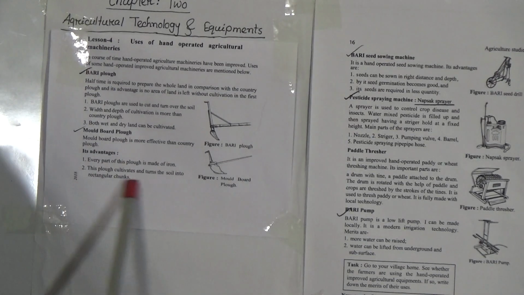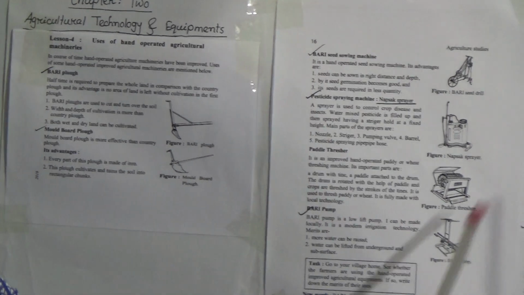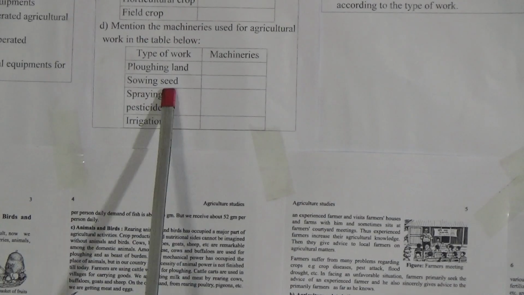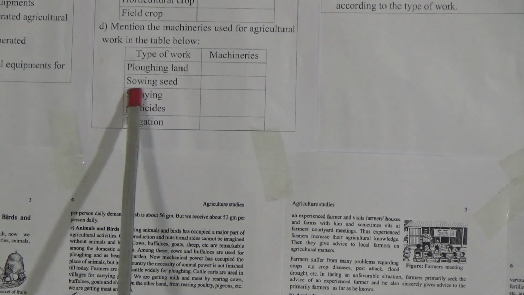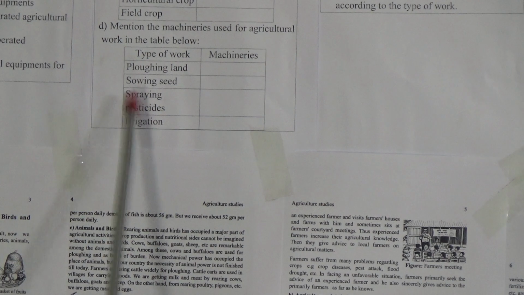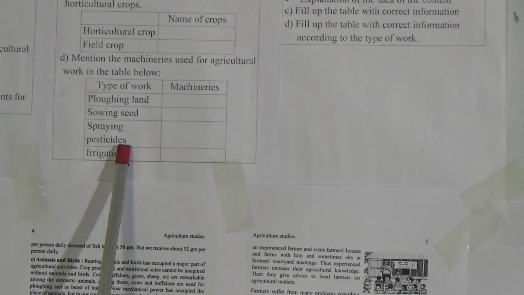I am repeating, barry plow, moldboard plow, then the normal plow. These are used for plowing land. And sowing seeds. Okay, students, for sowing seeds, which machine is used? Just look here, barry seed sowing machine. So barry seed sowing machine is used for sowing seed.